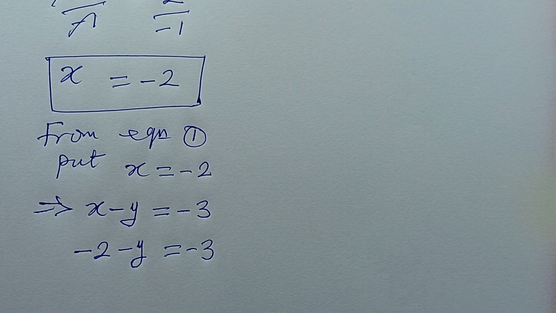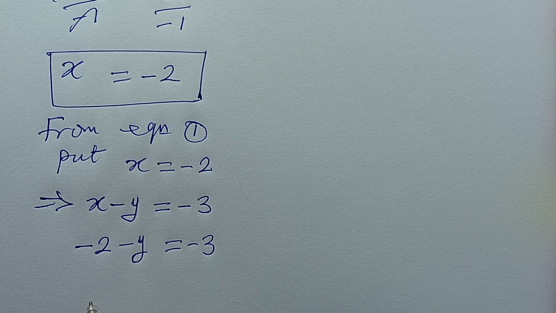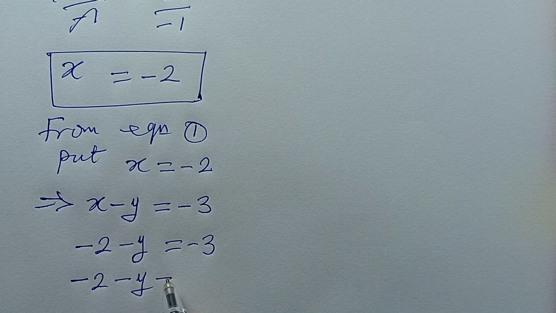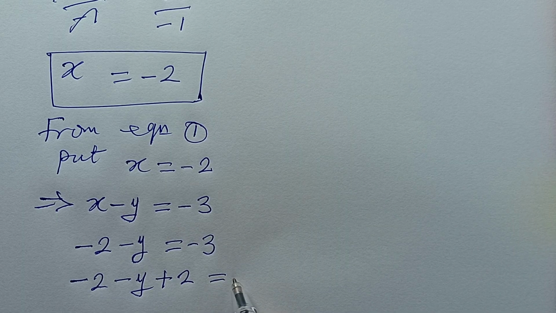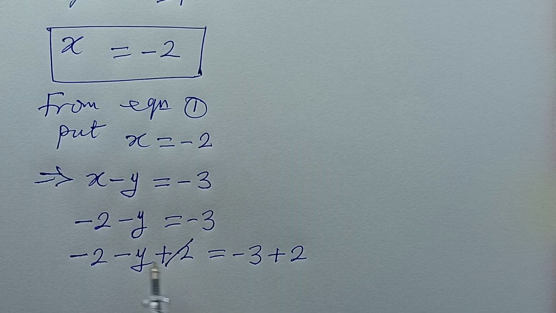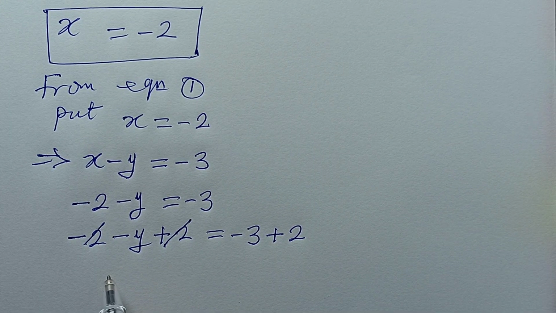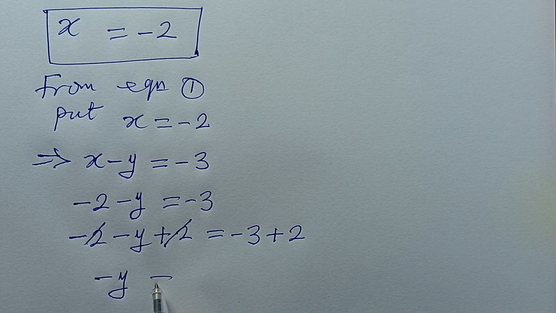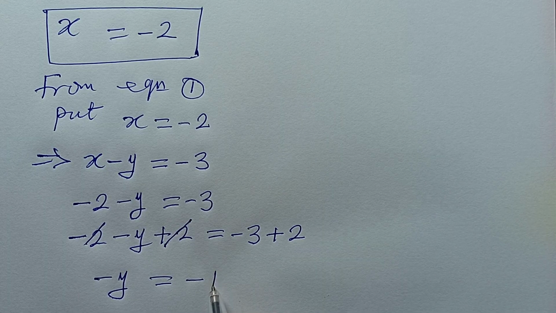Then add 2 to both sides of the equation. We have minus 2 minus y plus 2 is equal to minus 3 plus 2. This leaves minus y is equal to minus 1.